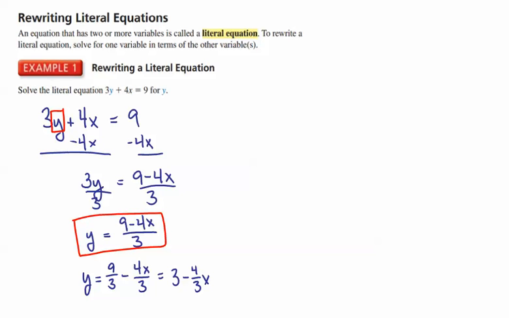So that is also all right to write it in that form, and actually that's going to be helpful with things that we're going to do later. So either of those are fine, and you could stop at the first part or the second. We'll go on to the next example.